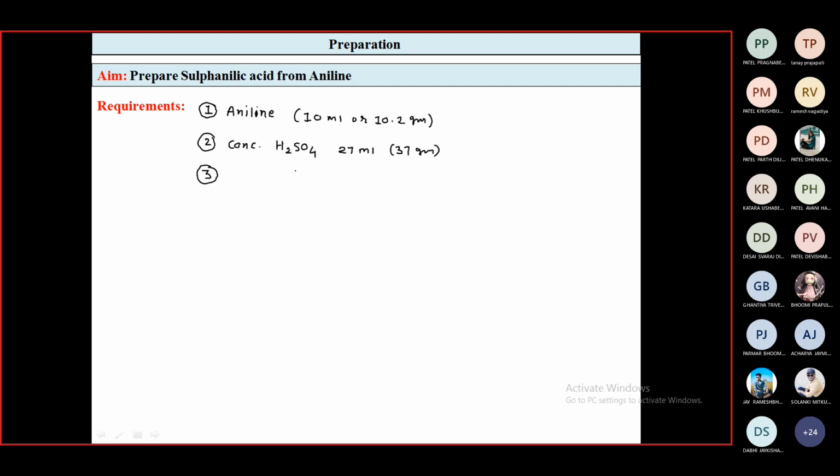The third very important chemical required is 2 normal sodium hydroxide, NaOH, of which you want 3 to 4 ml.